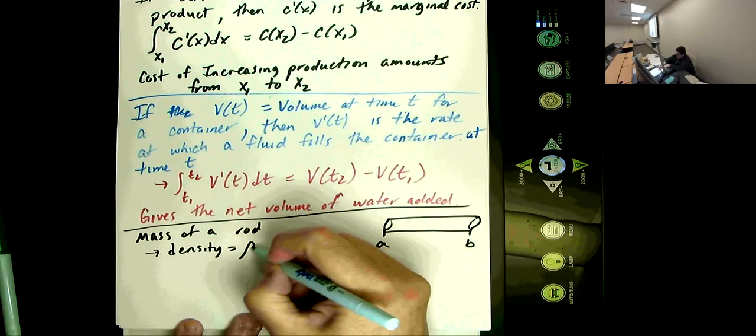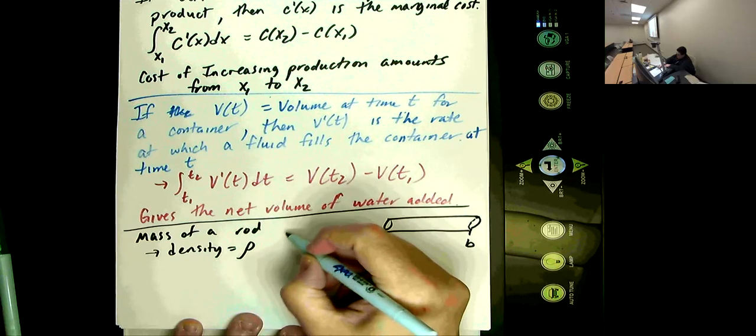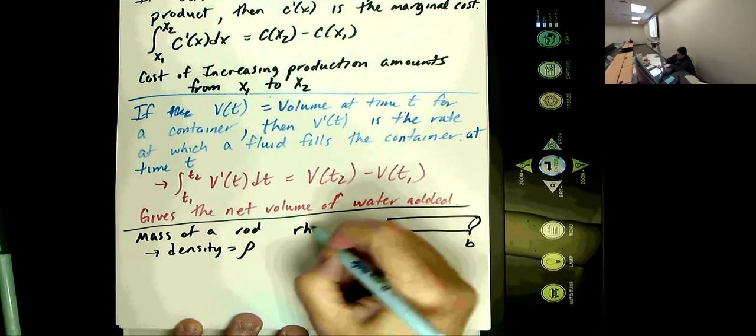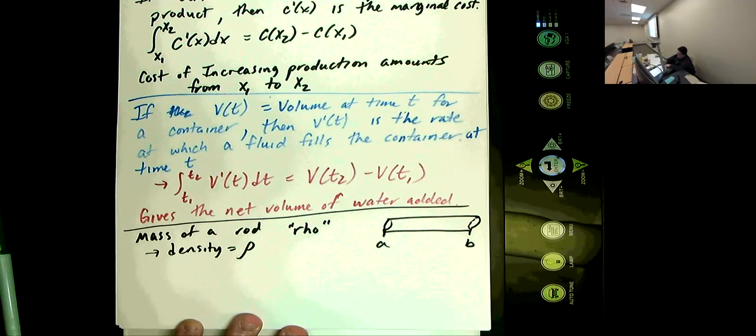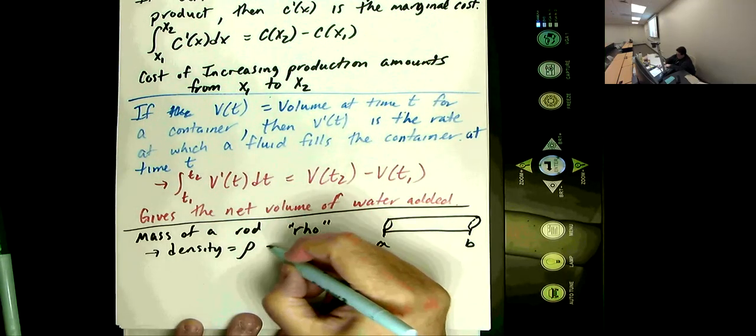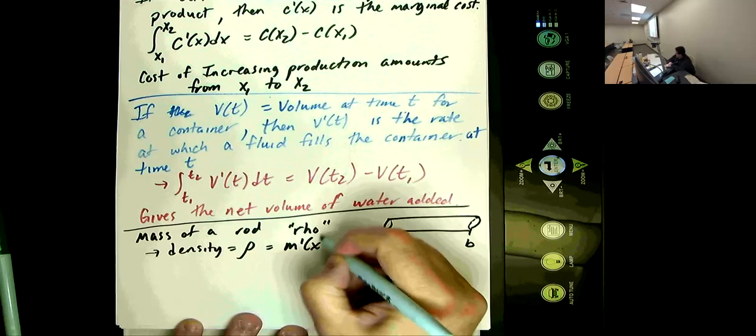Density is usually given by rho, pronounced like that. It's like a curly or cursive looking P. And it is the derivative of the mass function.